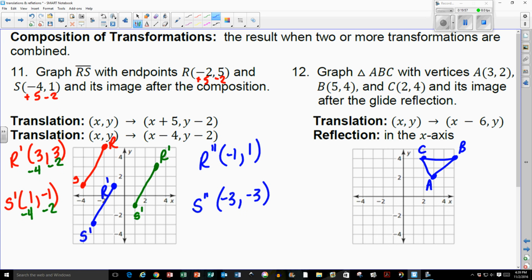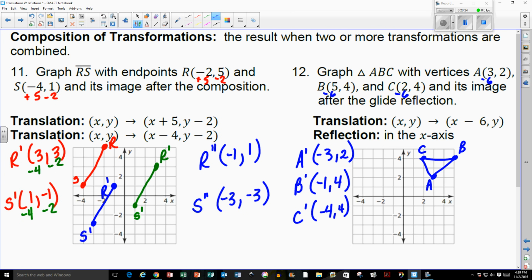And the first thing we want to do is translate. So A prime, B prime, C prime. So it says to subtract 6 from the x. So 3 minus 6 is -3, and it doesn't say to change the y, so keep it. 5 minus 6, keep the y. 2 minus 6, keep the y.